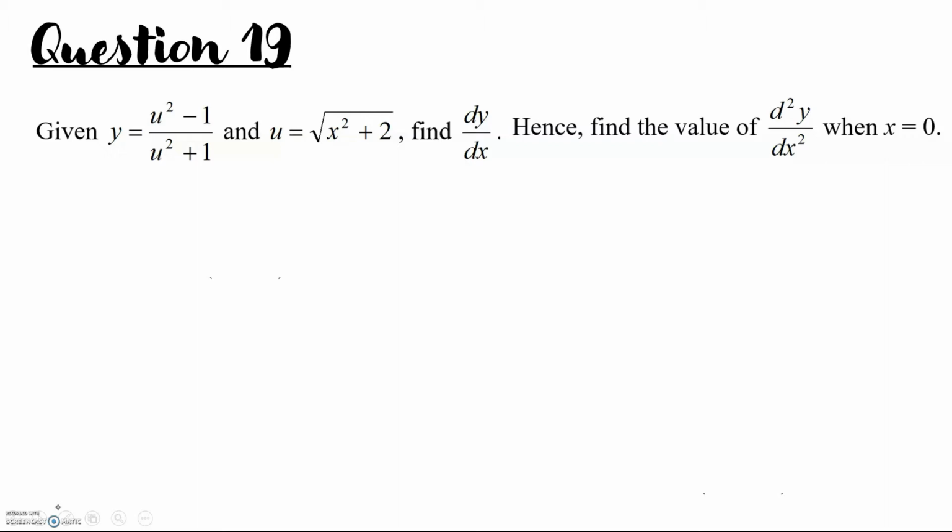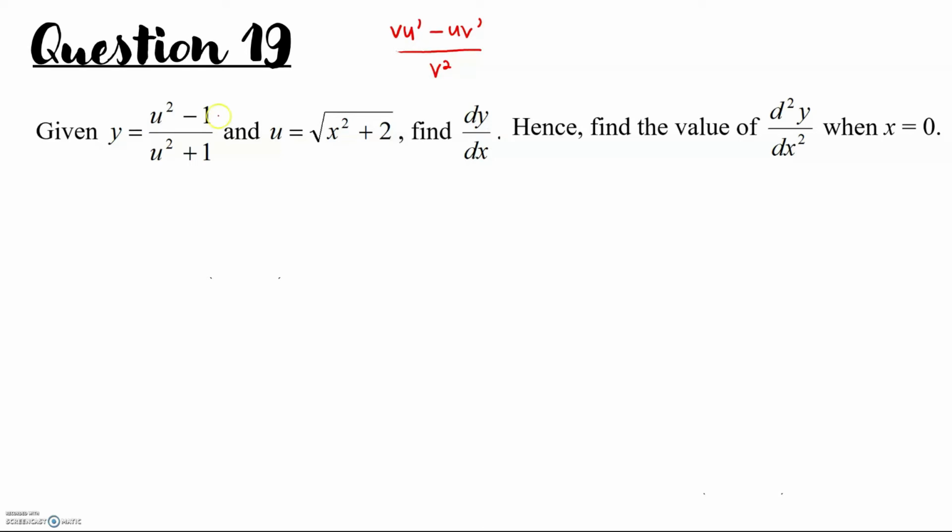So first of all, we need to differentiate y with respect to u. We differentiate this one by using the quotient rule because you have division here. The formula for quotient rule is (v u prime minus u v prime) over v squared.